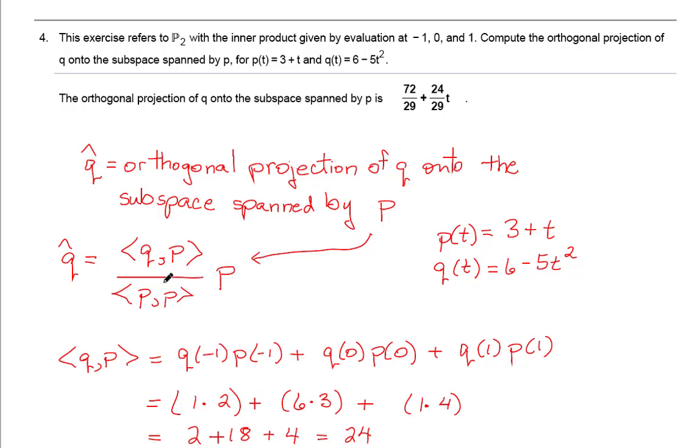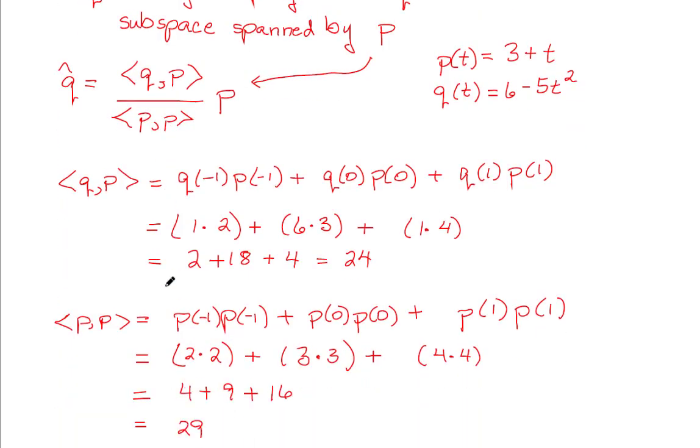So really it's just a question of grinding this out. So I need QP, so they're evaluated at -1, 0, and 1. So just have to be careful as you plug in the values into P and Q. All right. So we get the first top part, which is 24. I repeat this for P and P. So we get 29.